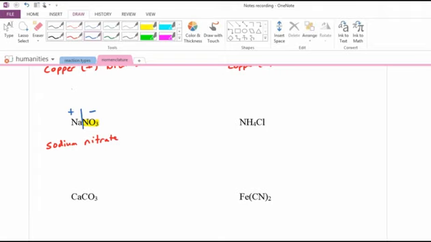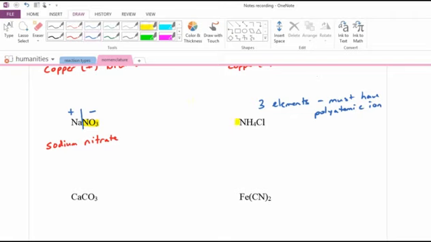So let's look at the next one. We have 3 elements. Therefore, we must have a polyatomic ion.